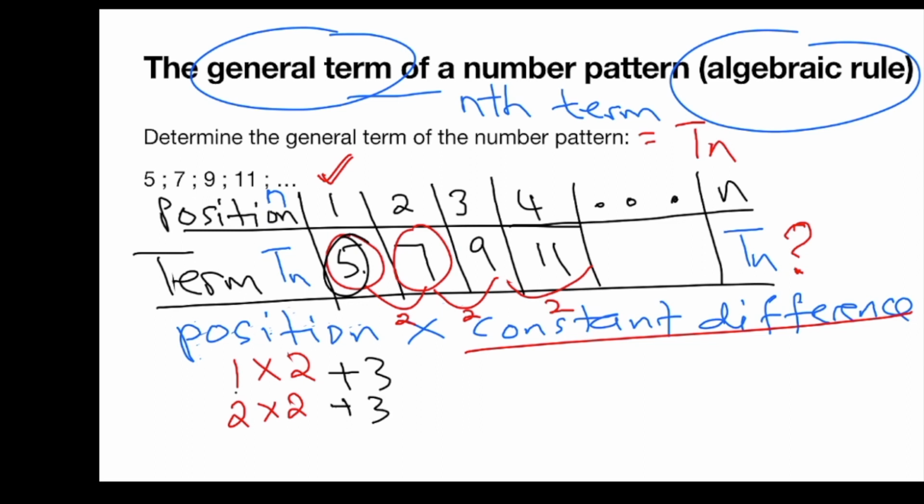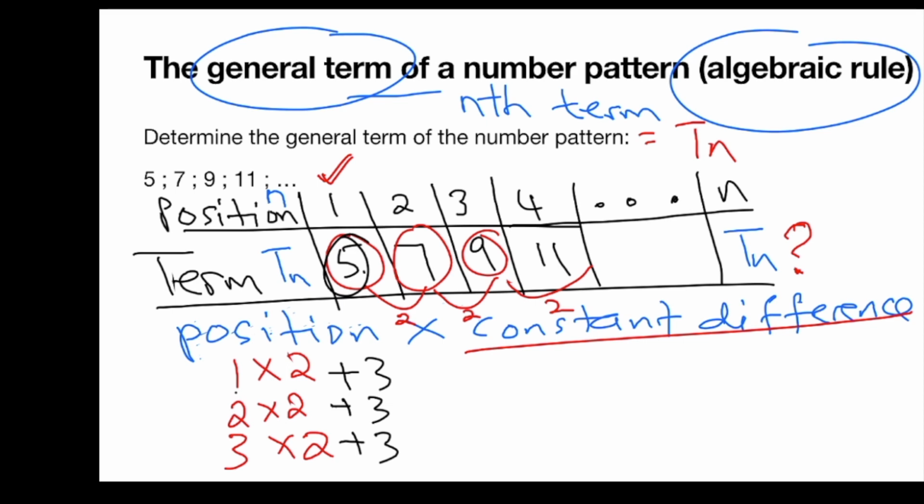It looks like this is the pattern. Let's just check one more time with the 9. To get 9, the position for 9 is 3. Multiply the position by the constant difference, we get a 6. And so to get 9, do you see that we need to add a 3? So it looks like this is the rule, this is the pattern.